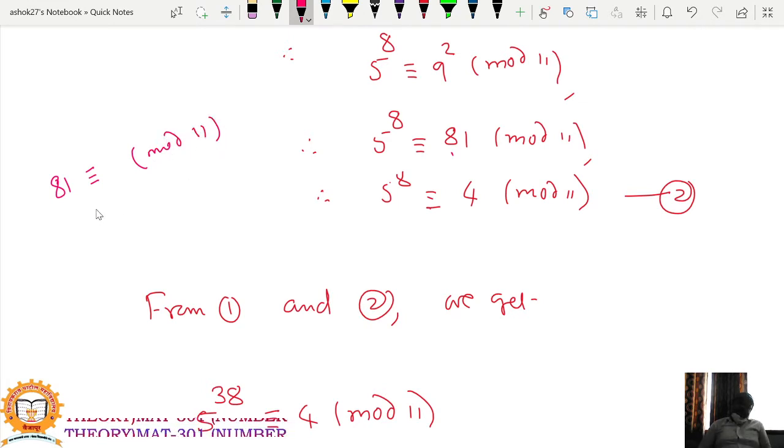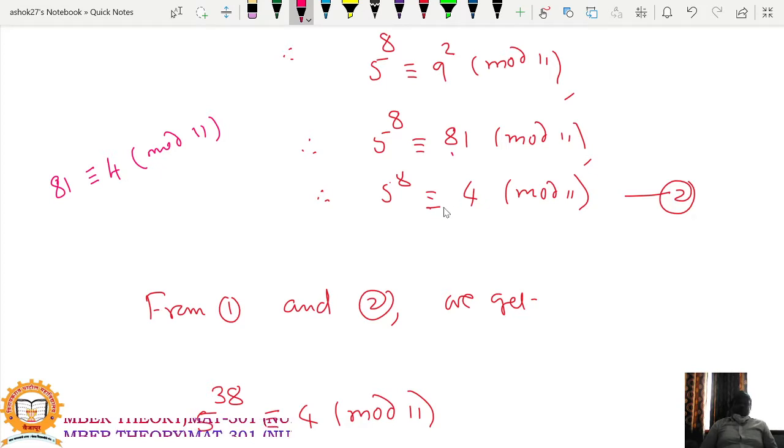If we divide 81 by 11, what is the remainder? That is 77. So naturally 81 is congruent to 4 modulo 11. So 81 minus 4 is 77, and 11 divides 77. So naturally 5 raised to 8 is congruent to 4 modulo 11.